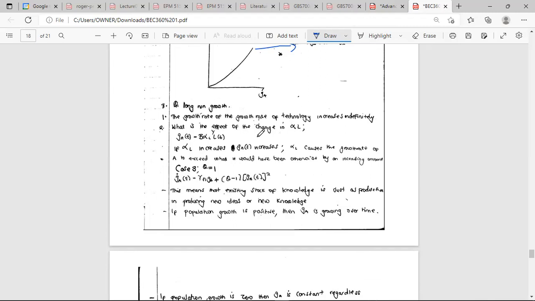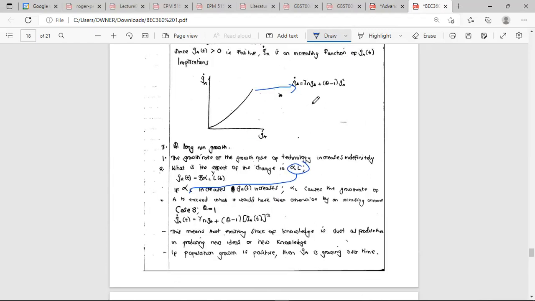So what is the effect of a change in this proportion of labor? If the proportion of labor is increasing, that means the growth of knowledge is also increasing. That's very true. If you have a population of 3 million and you educate this 3 million, ceteris paribus, and you have another population of 10 million and you also educate the 10 million, ceteris paribus, it means that these have more knowledge than those, because these are more.